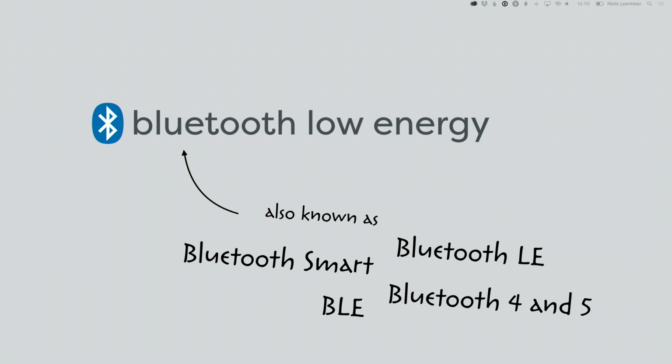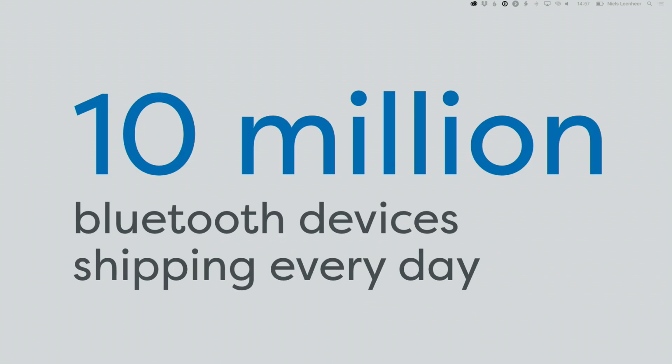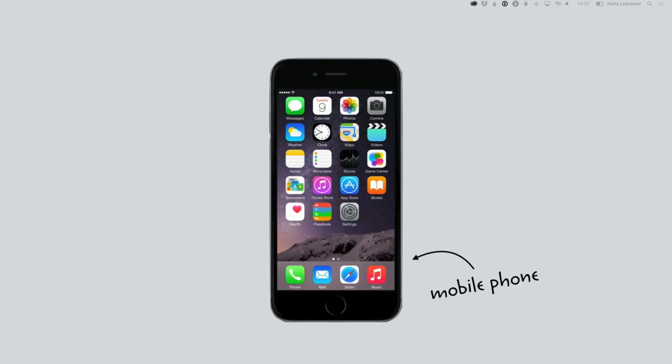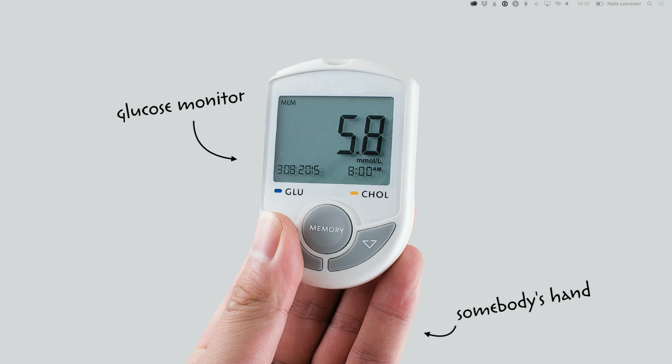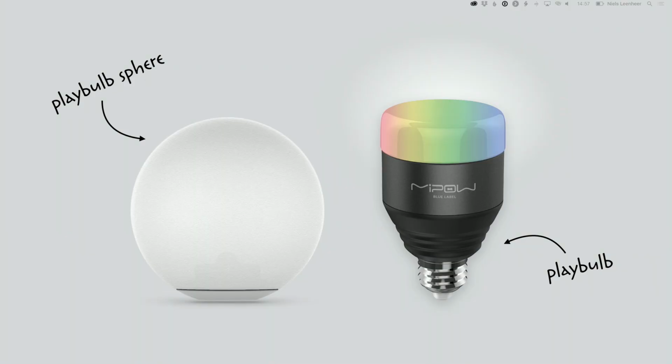Right now, 10 million Bluetooth devices are shipping every single day. And that includes mobile phones, computers, of course, but also devices like glucose monitors with serious medical applications, activity trackers for sport and health, heart rate monitors, IoT devices like light bulbs, and even fun stuff.